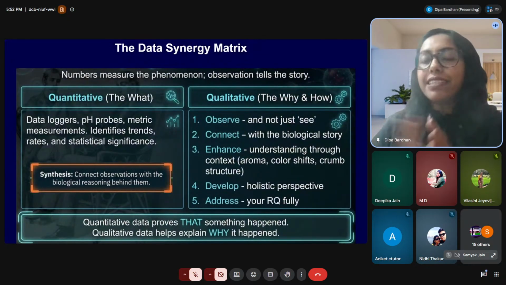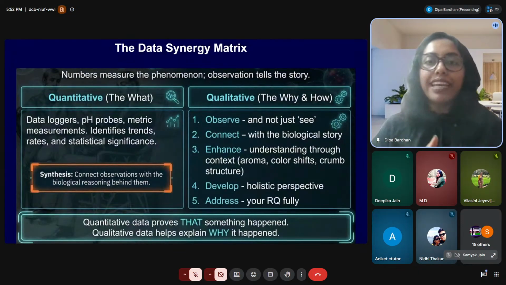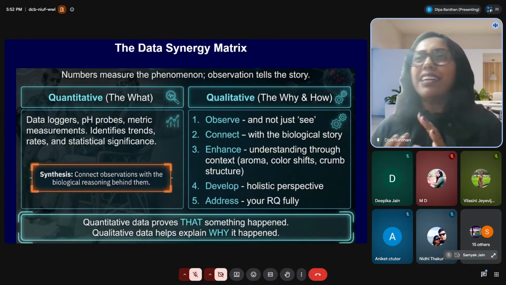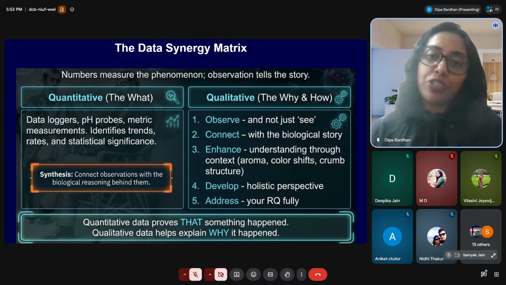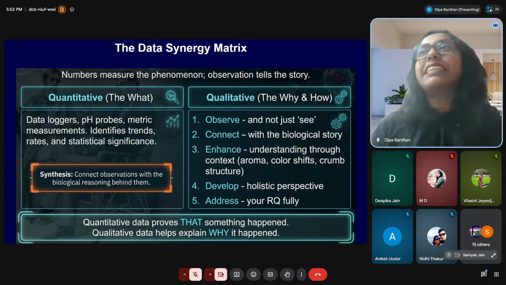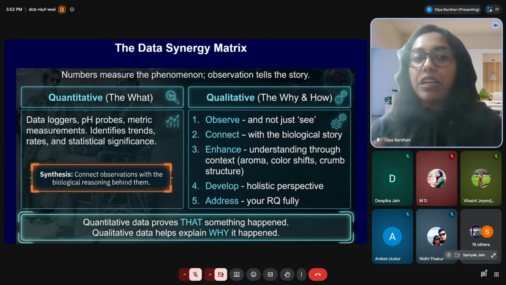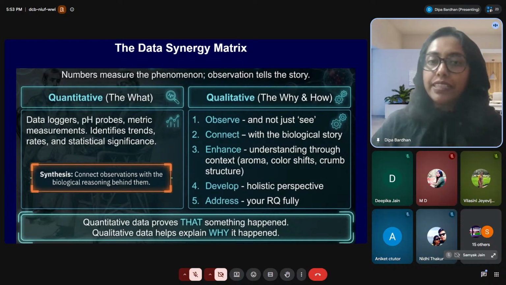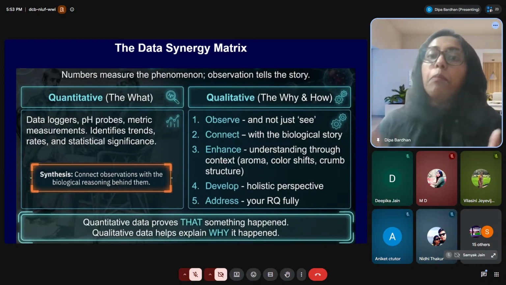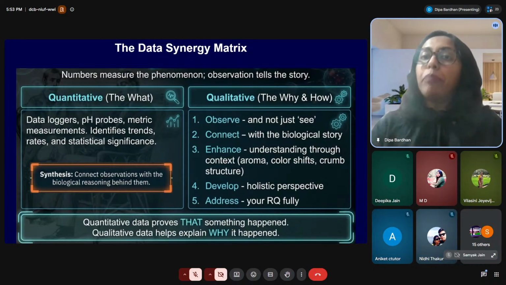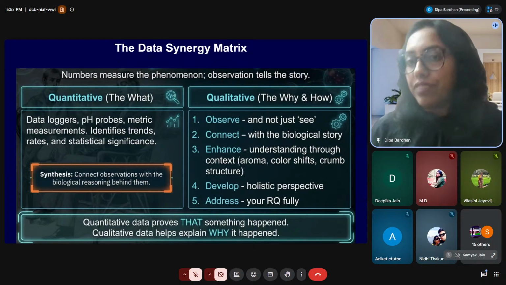Coming to the data synergy matrix, often the students say that the qualitative data is irrelevant or it is not necessary. Biology is a science of observation. Qualitative must supplement the quantitative one, because if you collect the quantitative, you have the data, the figures, the numbers, values, but to connect it to a biological reasoning, it is very essential to have the qualitative data.